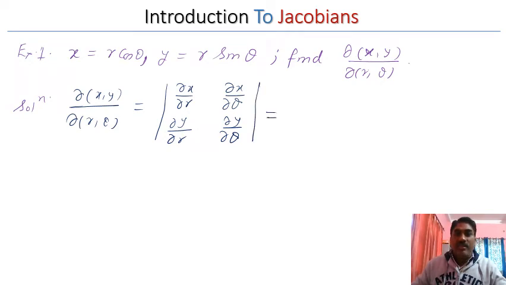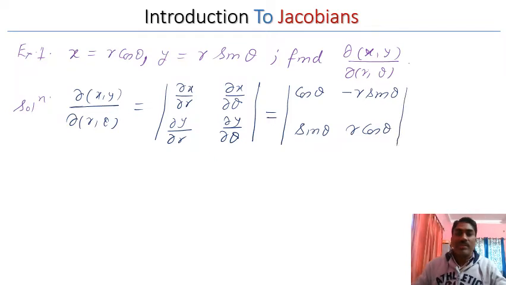Then calculate these partial derivatives. So del x by del r is cos theta, del x by del theta is minus r sin theta, del y by del r is sin theta, and del y by del theta is r cos theta.